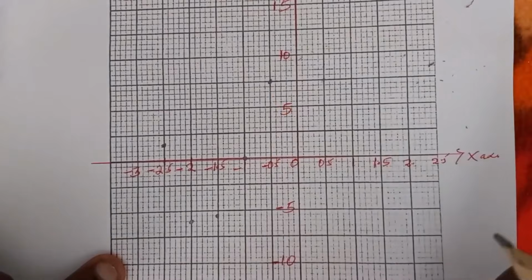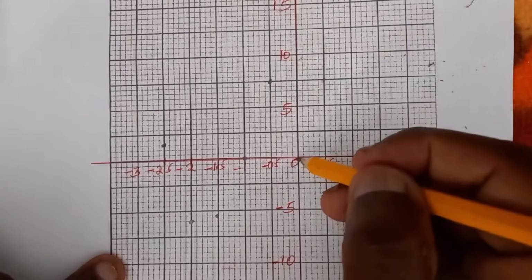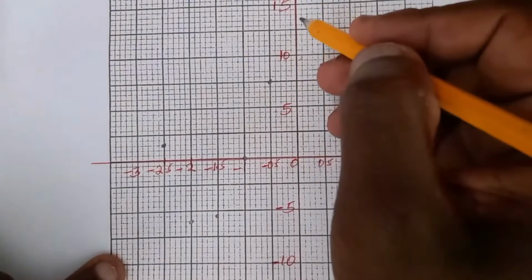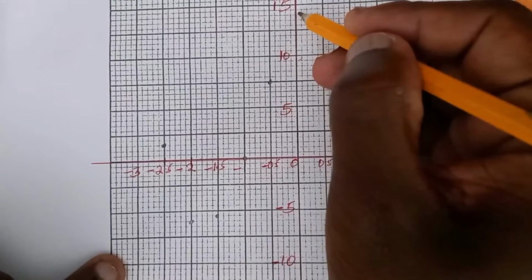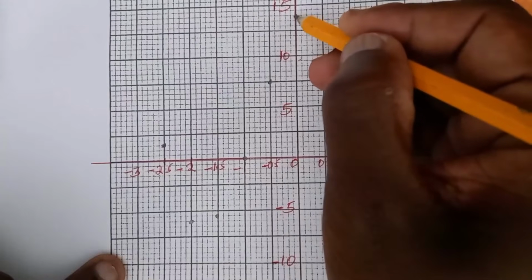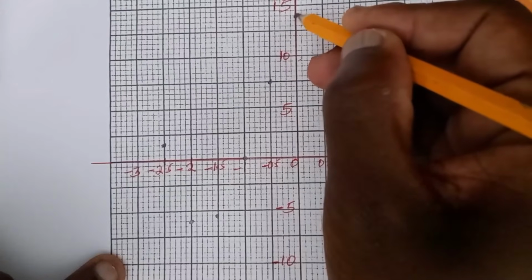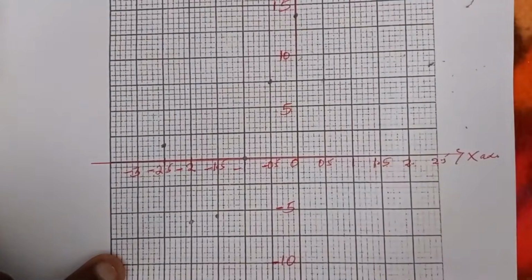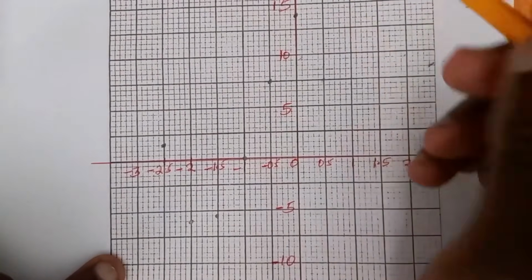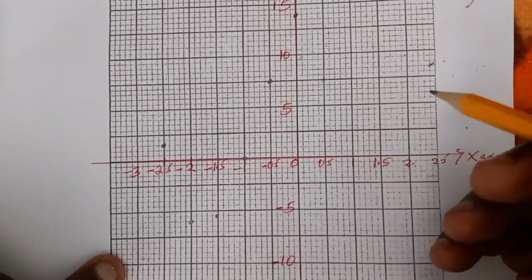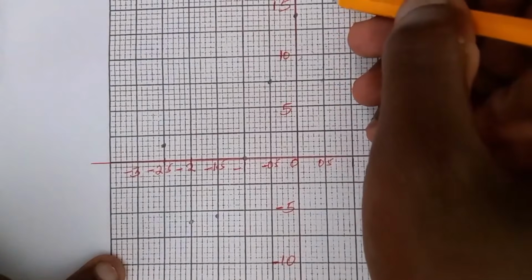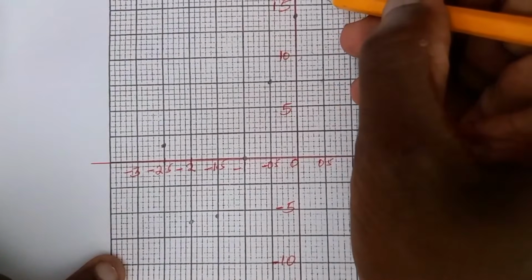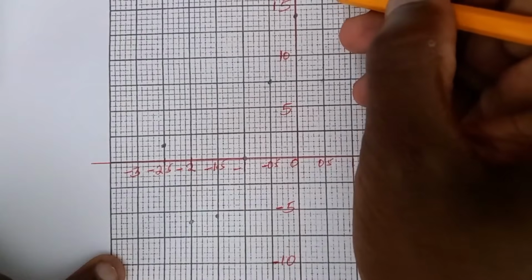Then 0, 14. So 14 is here. Then the other one is 0.5, 16.5. Here you have 16. 16.5 is here.